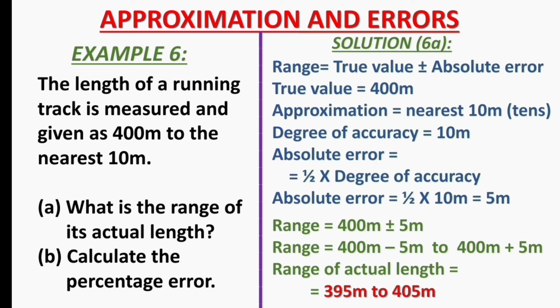That will give us 395 meters. While we will add later to get the upper limit of the range. That is 400 meters plus 5 meters. That will give us 405 meters. That means the range of actual length in question 6a is 395 meters to 405 meters.